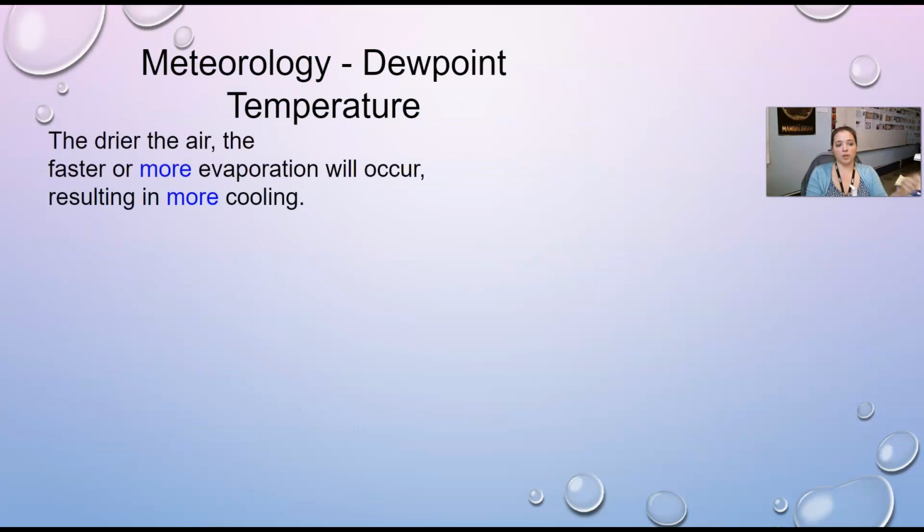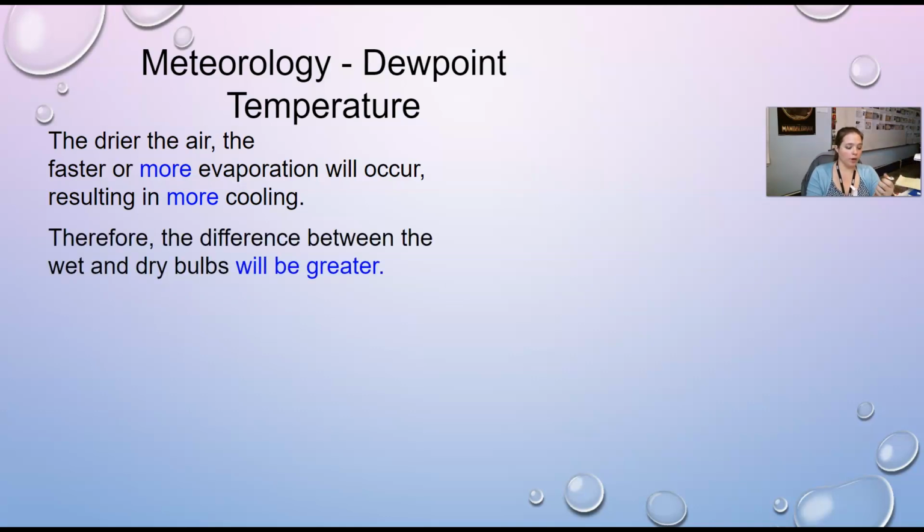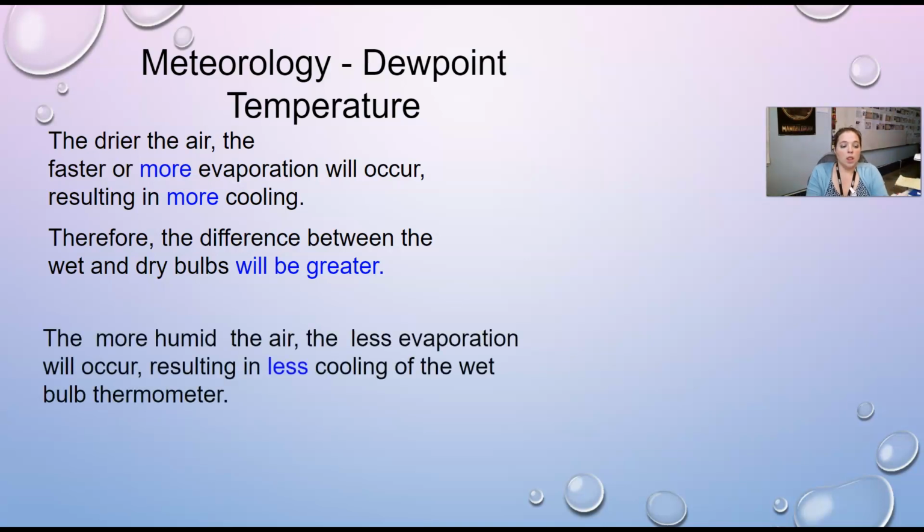So the drier the air, the more evaporation will occur, more cooling. Therefore, the difference would be greater. So I've got right now about 16 degrees on the wet bulb side, and on the dry bulb right there we've got 23. The more humid the air, the less evaporation will occur, resulting in less cooling of the wet bulb thermometer.